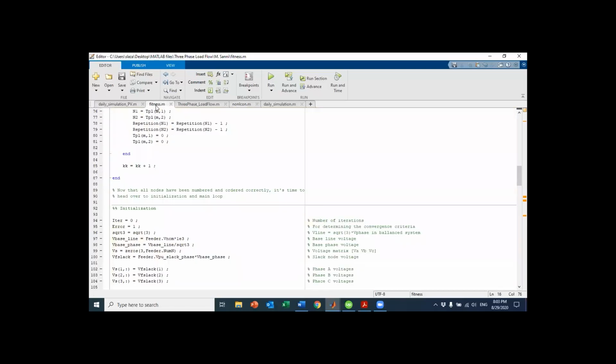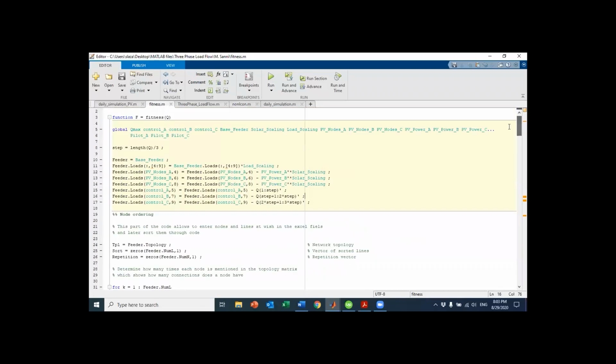So this is what the function nonlcon implements. And now let's take a look at the fitness function. The fitness function takes the value of the reactive power in the system, and this reactive power gained from the PVs is optimized using either PSO, fmincon, a genetic algorithm or anything else. Every optimization algorithm can be used to obtain this Q. We add that Q and the production of the PVs to the feeder, so to the loads in the system.